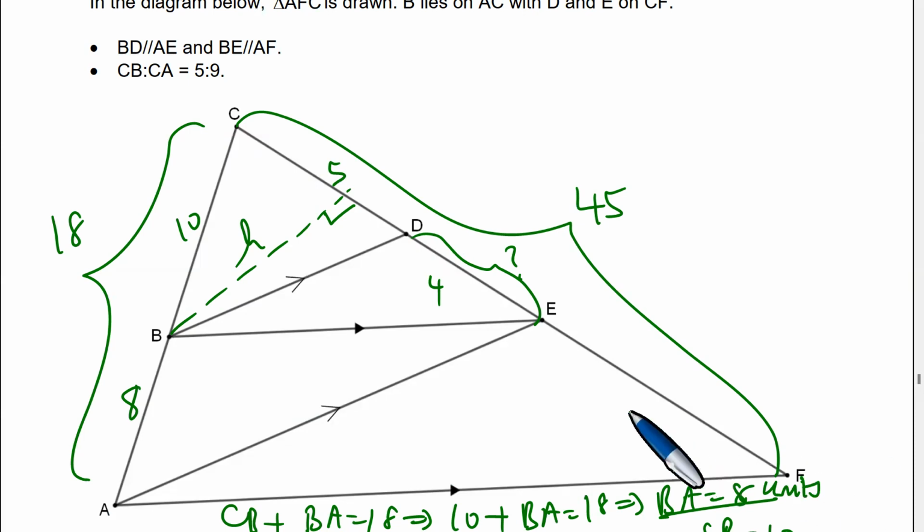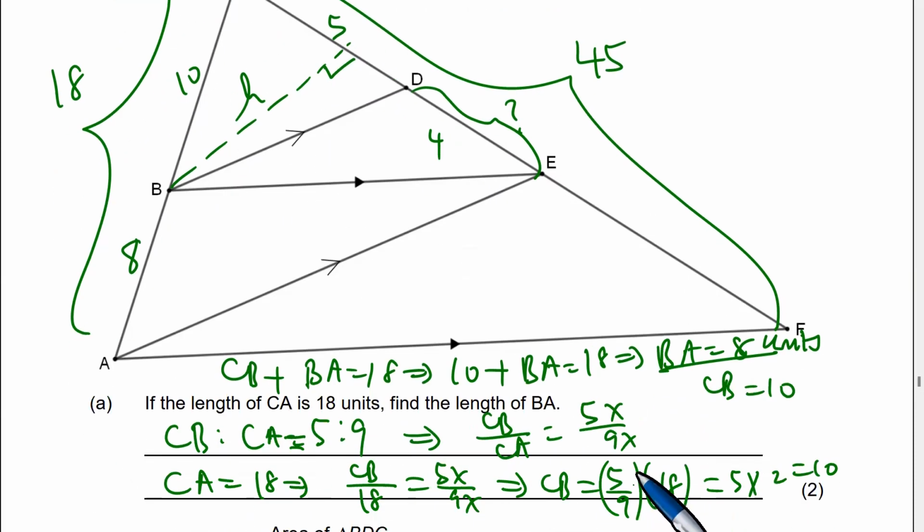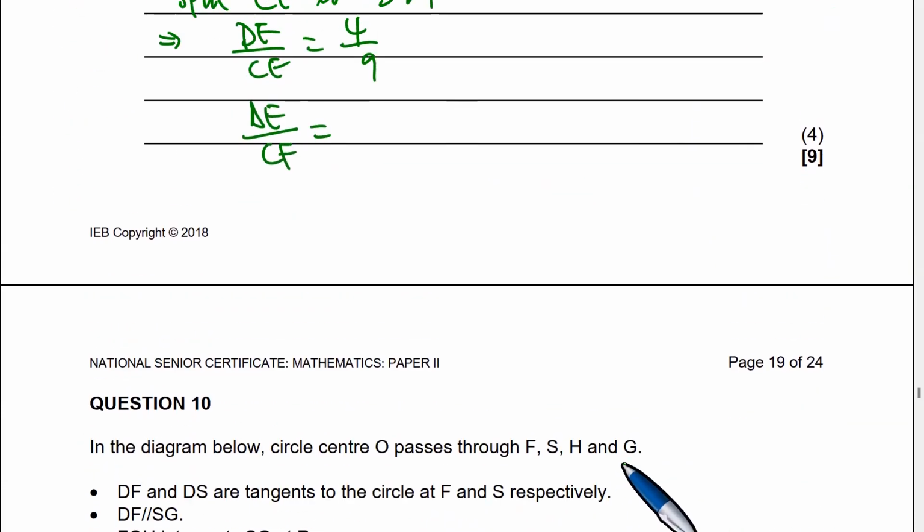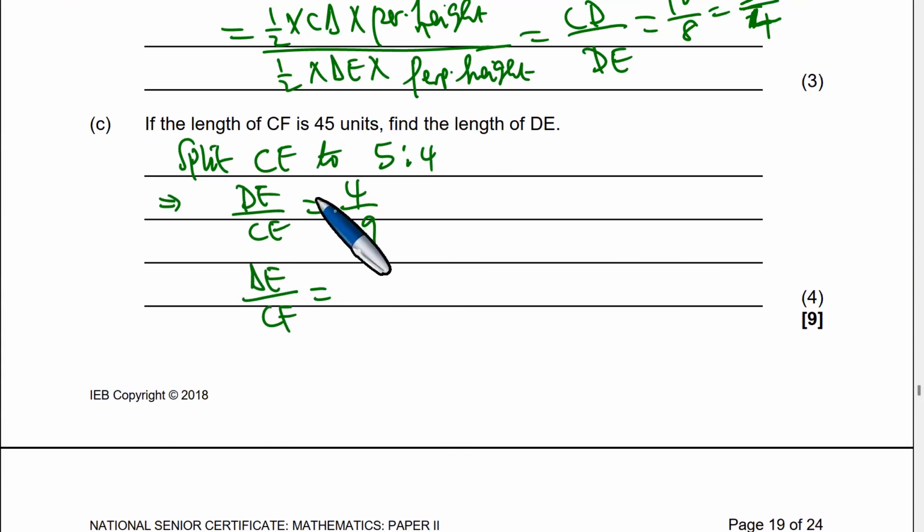What would EF be at this point? In the end, CF is 45 units, and you need to find the length of DE.